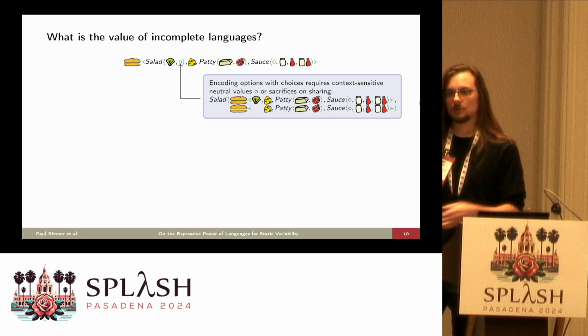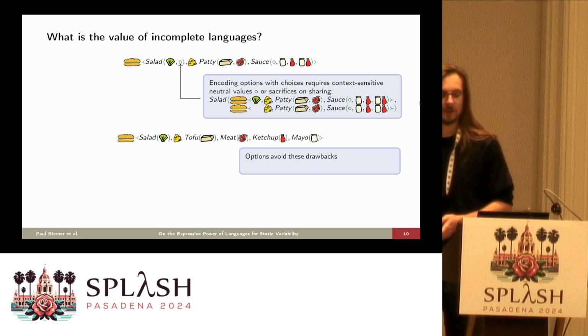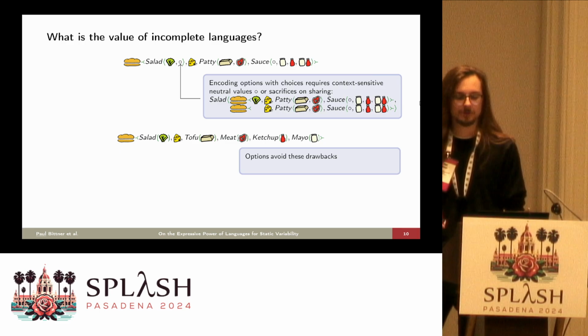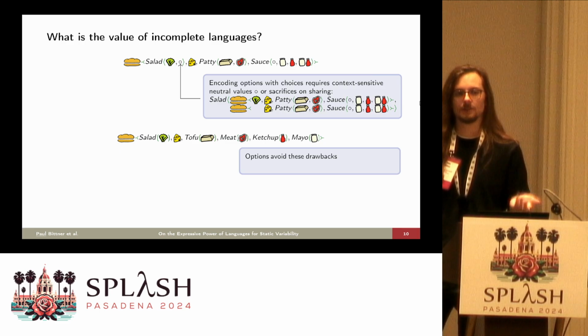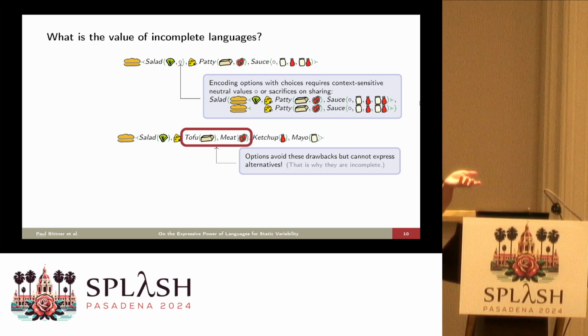We can also encode it without these neutral values, but again, this requires duplication, which is annoying. Actually, in the incomplete language of just choices, so just this if-then language, we can avoid these drawbacks because we can encode these optional values, but we cannot express alternatives or other constraints, so that's making this language incomplete.